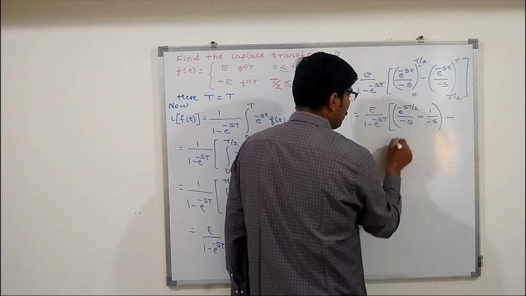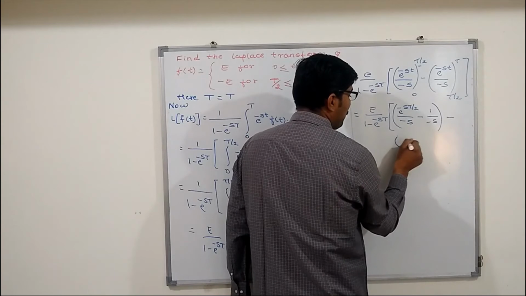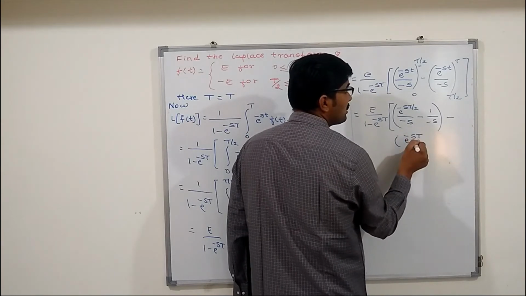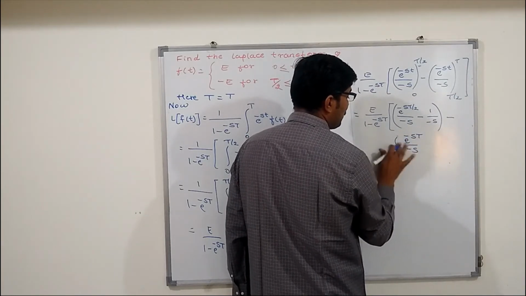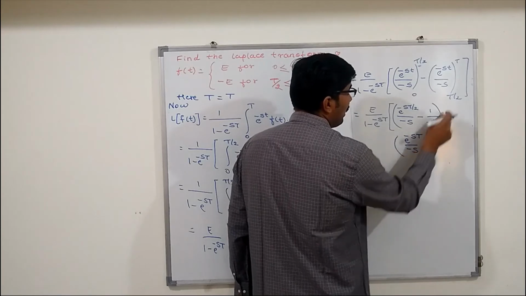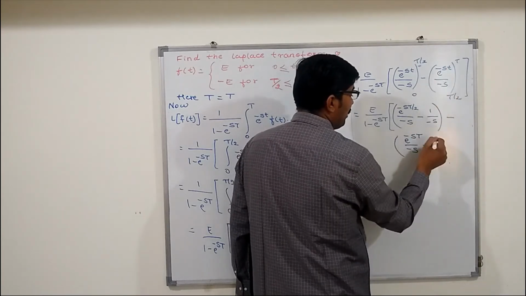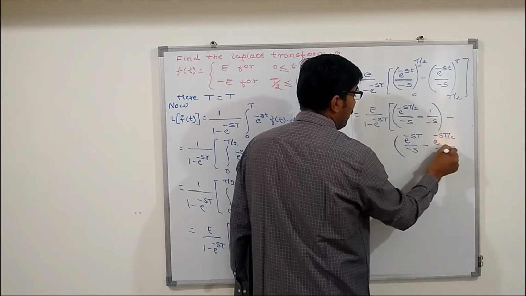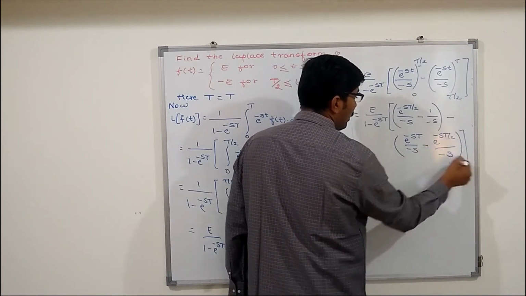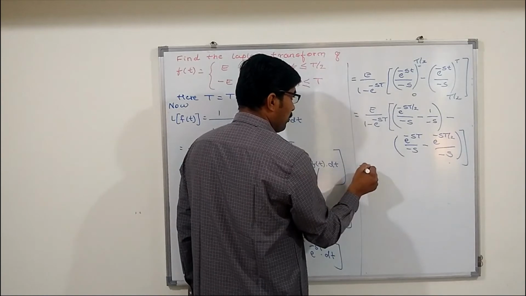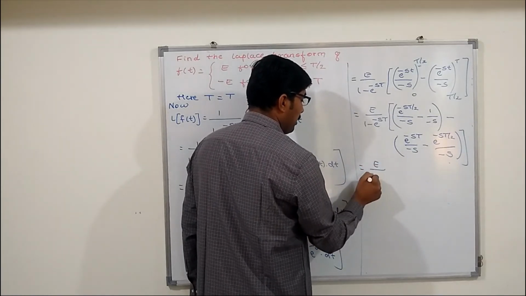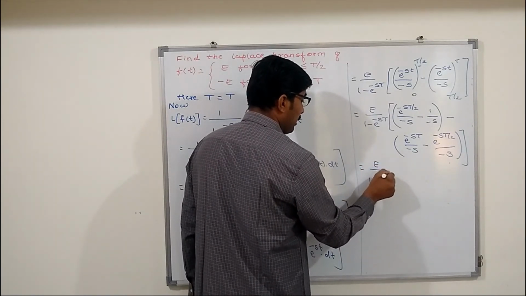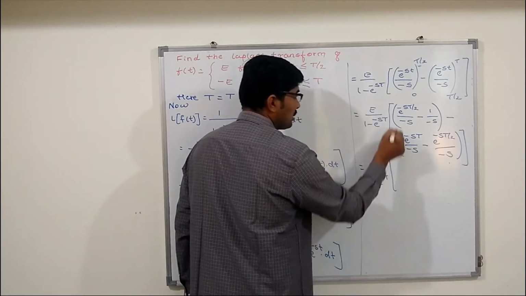For the second one also, put t equal to capital T, you will get e raised to minus sT divided by minus s. This is the upper limit, minus. Put t equal to T by 2, you will get e raised to minus sT by 2 divided by minus s. This is the lower limit, equal to E divided by 1 minus e raised to minus sT, into bracket. Now simplify.